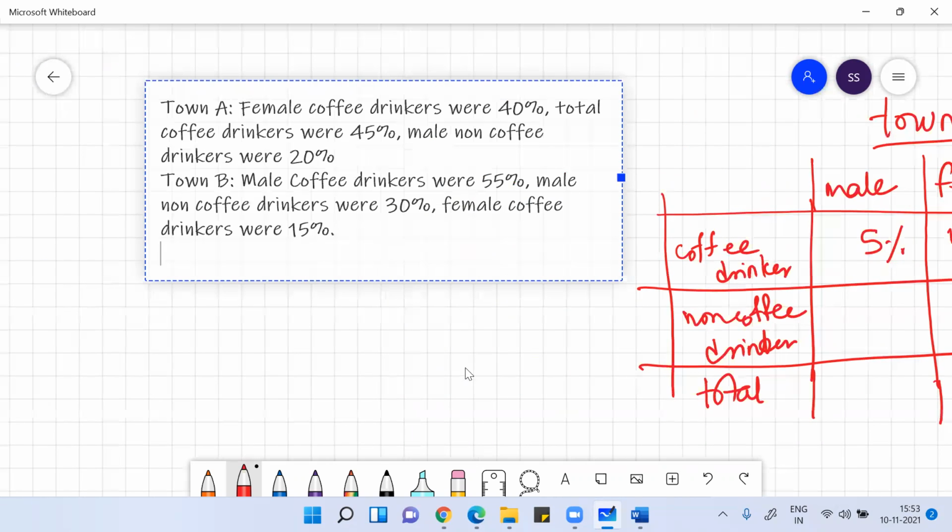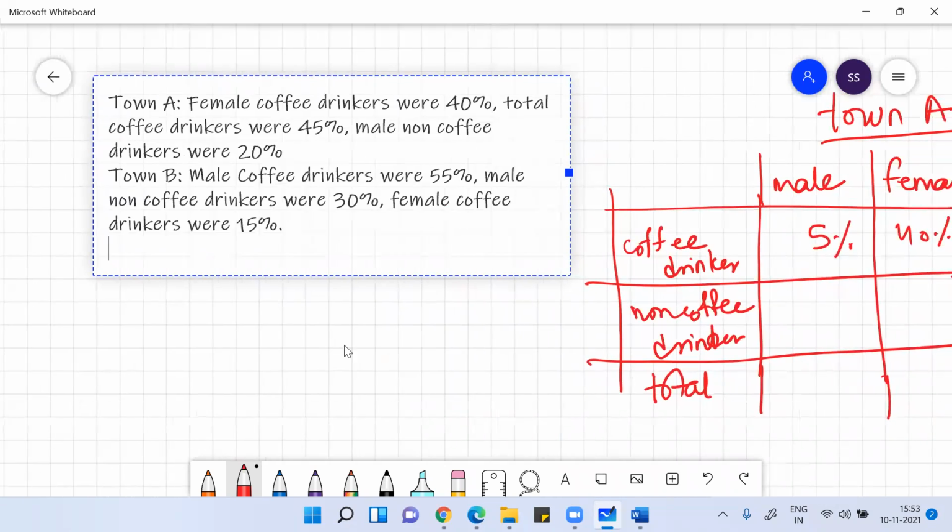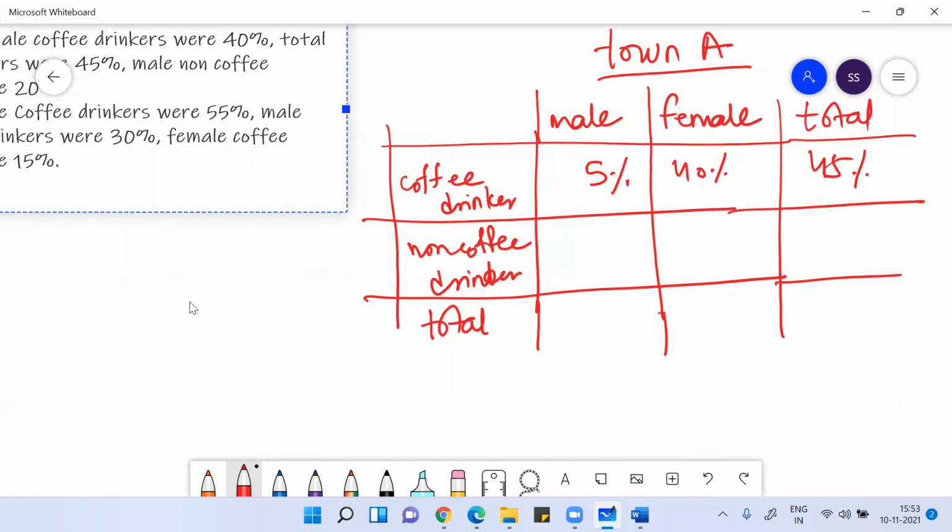Clear? Then male non-coffee drinker 20. If this is 45, this will be 100 minus 45. So this would be 55%. This is 20. So this would be 35%. The total this would be 25%, 75%.